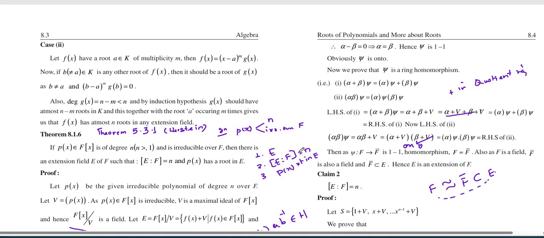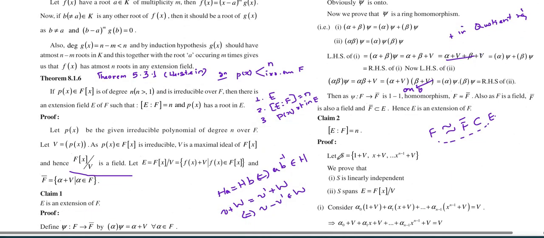Now in the second claim we need to prove the degree of E over F to be n. So for that we will consider the elements in E, which are polynomial plus v. So we will choose the collection S as 1 plus v, x plus v, and so on, x power n minus 1 plus v.